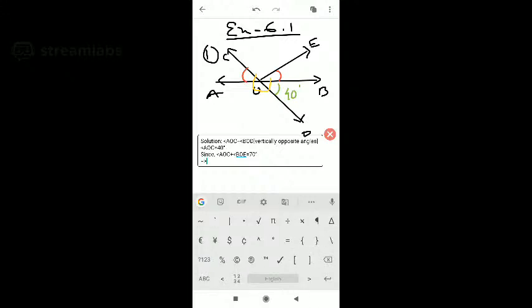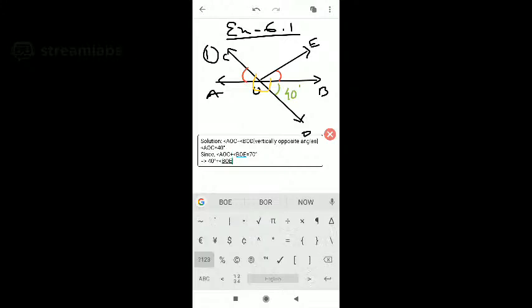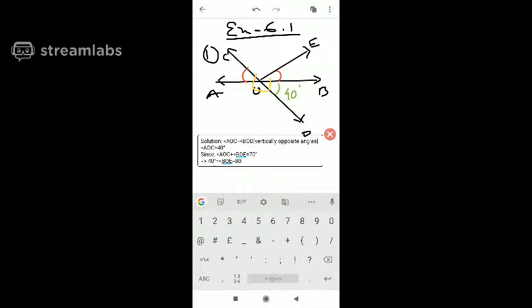Implies AOC value I am going to put, AOC was 40 degrees, so 40 degrees plus angle BOE equal to 70 degrees.